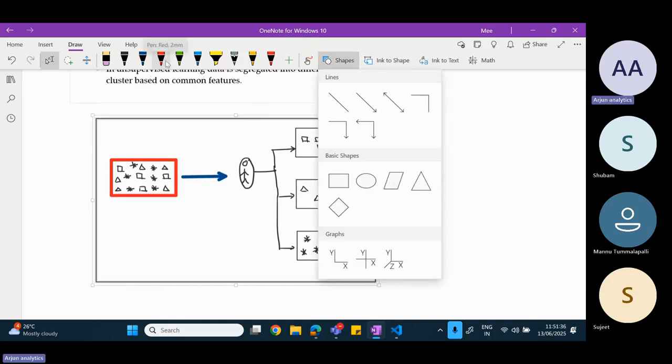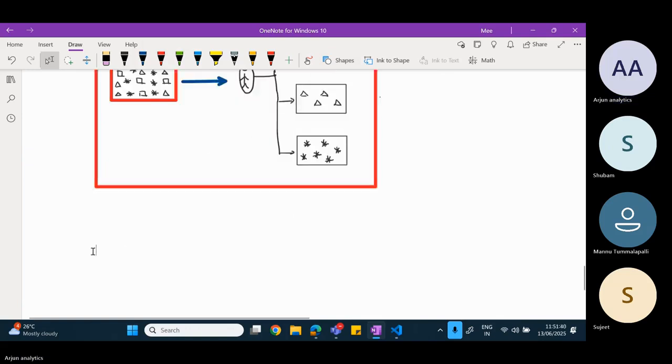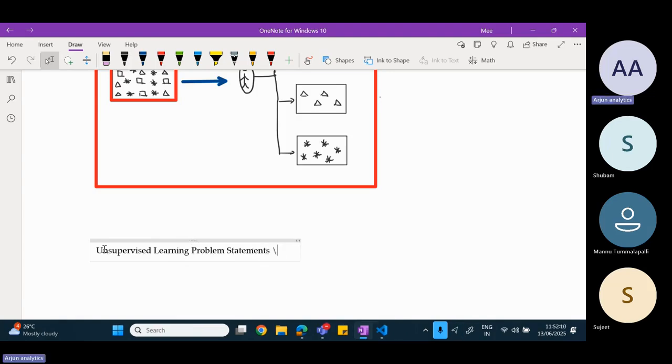Now, there are three major types of problem statements in unsupervised learning. First one is clustering.